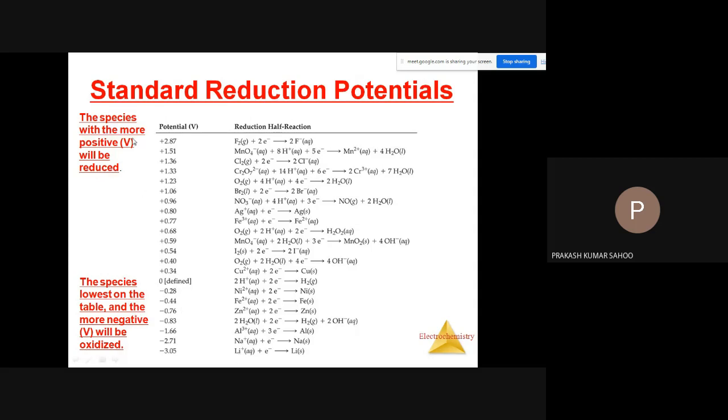Here it is written, the species with the more positive value of potential will be reduced. That means the more positive the value, the more easily the species is reduced, and the species below in this table will be oxidized easily. That means the positive part will be reduced easily, and at the bottom part of this table, the elements will be oxidized easily.